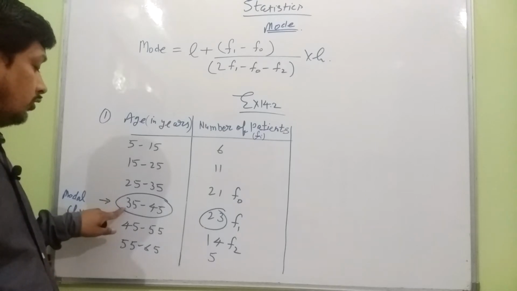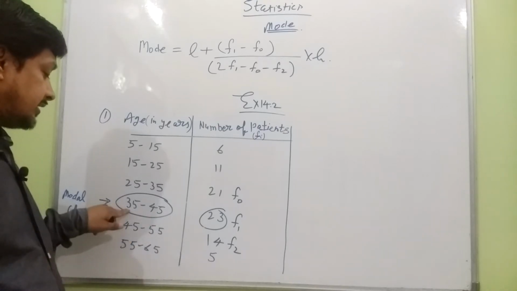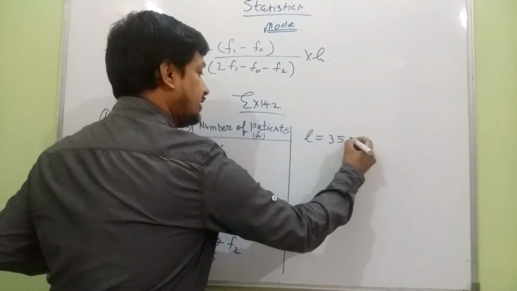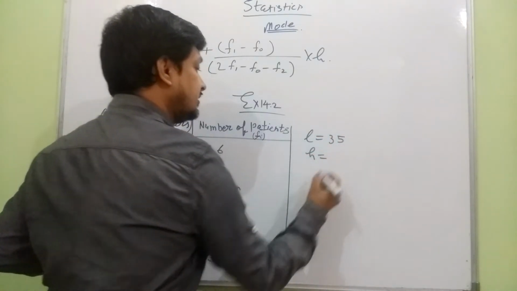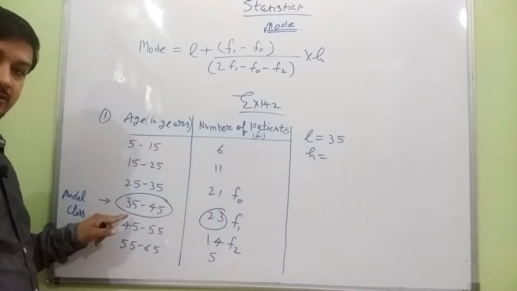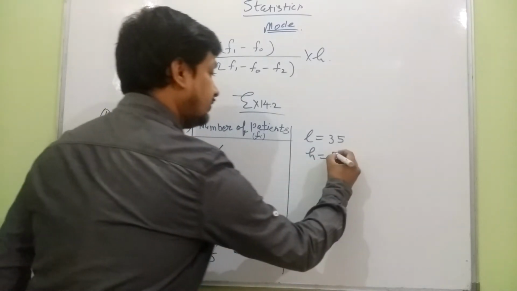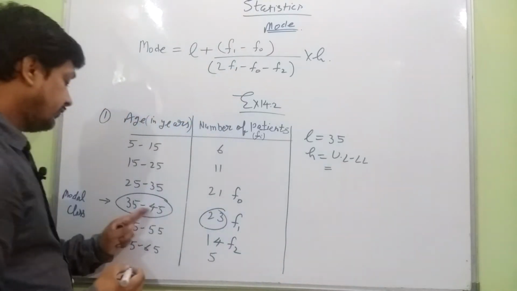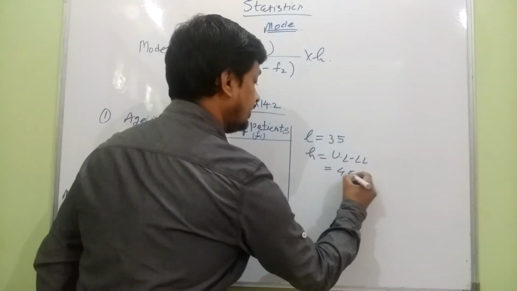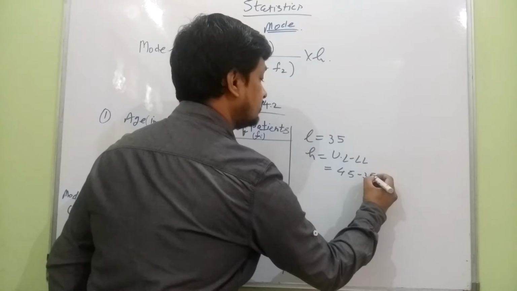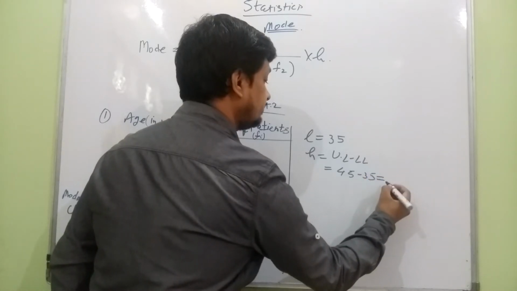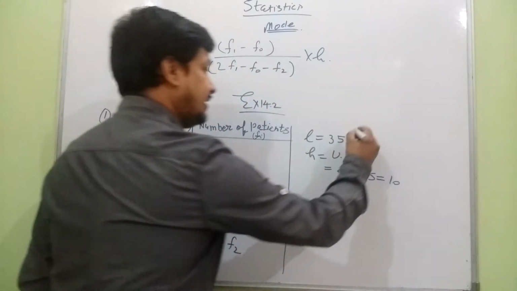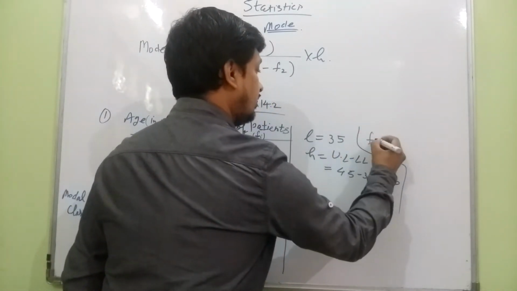Now the lower limit of this modal class is 35. So L is 35. And what is H? H means the class size. You can find this by the formula upper limit minus lower limit, which is 45 minus 35. So it will give you 10.